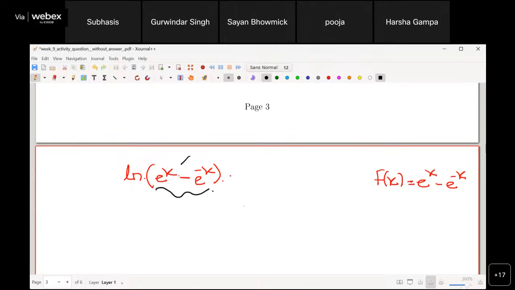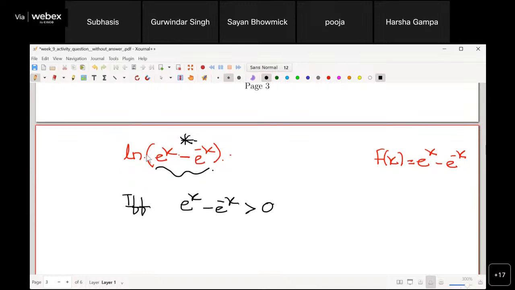So this function is defined if and only if e power x minus e power minus x is greater than 0. So to find the domain, I have to find all the values of x for which this inequality holds, right?